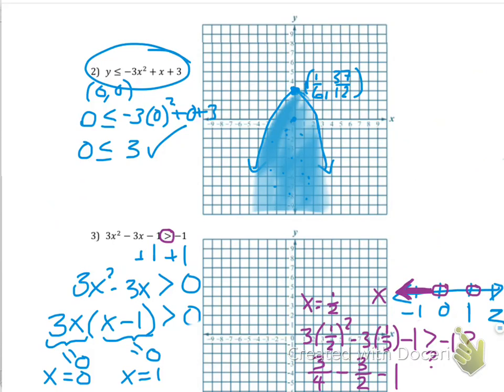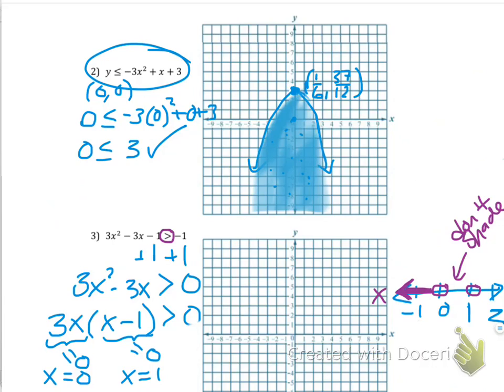We've got 0.75 minus 1.5 minus 1. And yes, we've got -1.75, and that is going to be less than -1. So that does not work. So we don't shade in between 0 and 1, because those numbers are not going to work.